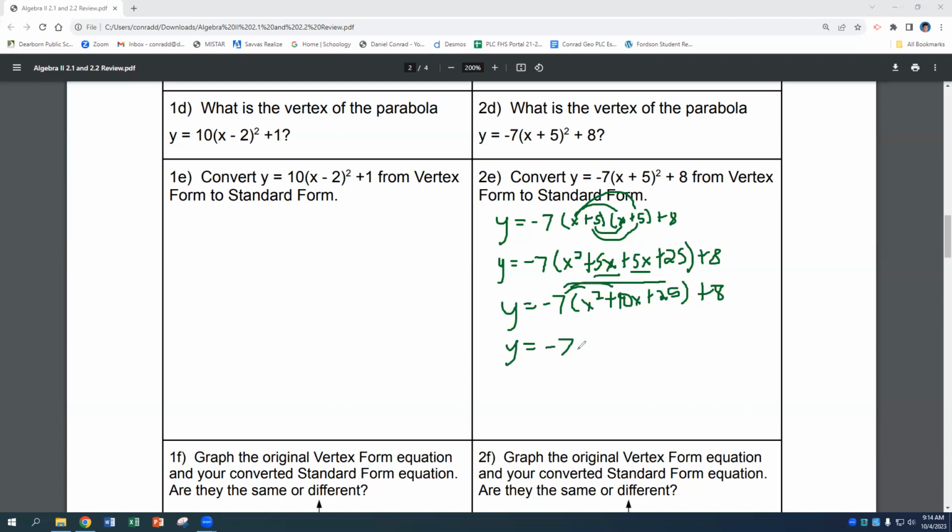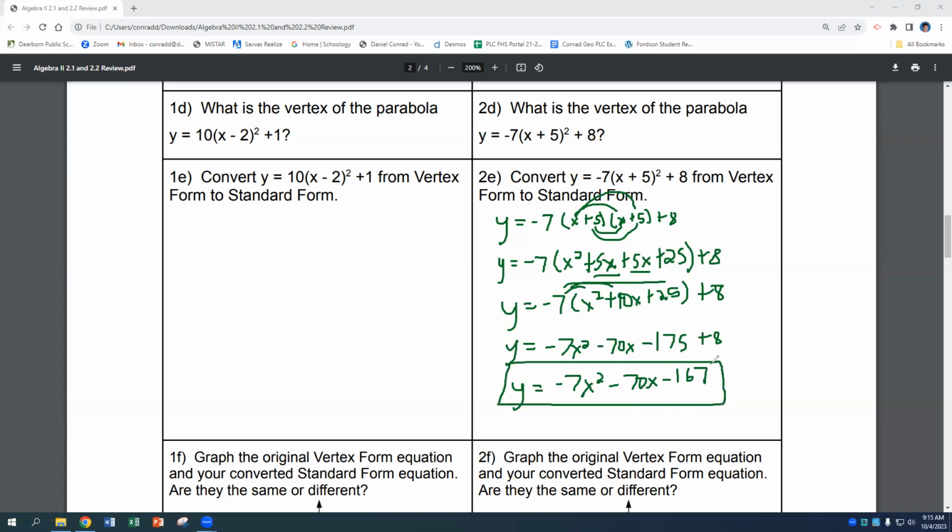So that's going to be -7x squared minus 70x. And then -7 times 25 is going to be minus 175. And then I have my plus 8 at the end. So then the last step is to add that plus 8 in there. So I have -7x squared minus 70x minus 167. And there is standard form.